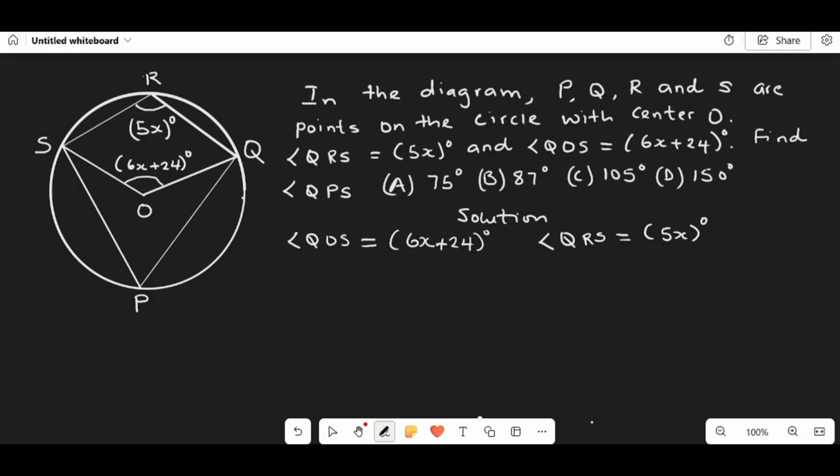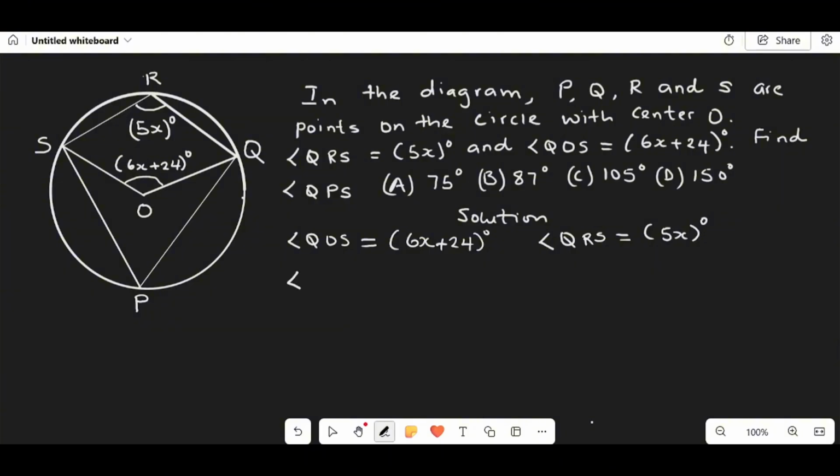In a cyclic quadrilateral, opposite angles are summed up to 180 degrees. And in this diagram, our QRX and QPX are opposite angles. So their sum is equal to 180 degrees.